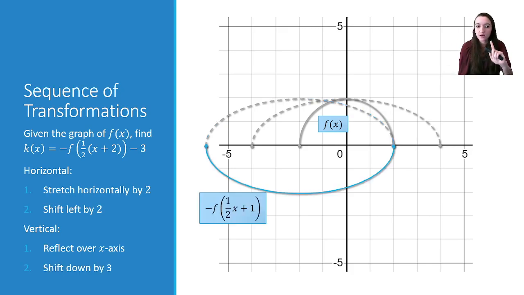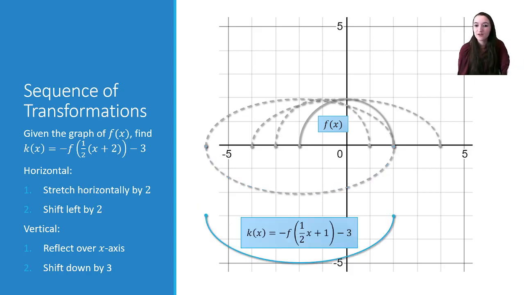Then my last step is the shift down by 3. Notice that, again, for horizontal stuff, I had to factor out my 1/2 and all of that. I don't have to do that for vertical. Vertical is just nice and works the way you want it to every time. So I can just shift down by 3. I didn't have to factor out that negative or anything weird like that. So I shift down by 3, and that's my final answer.